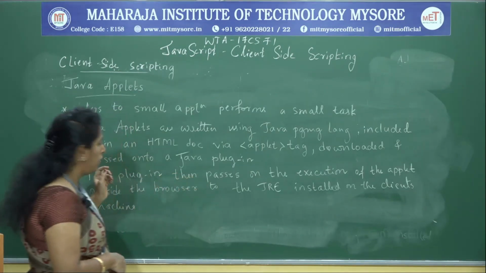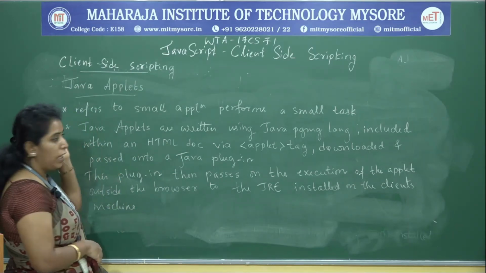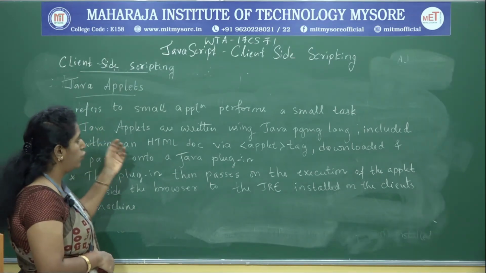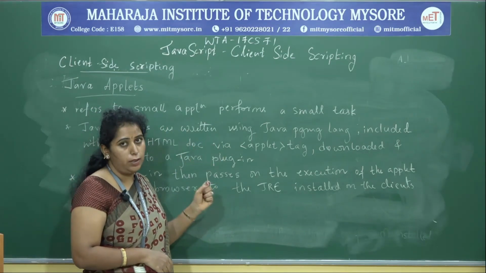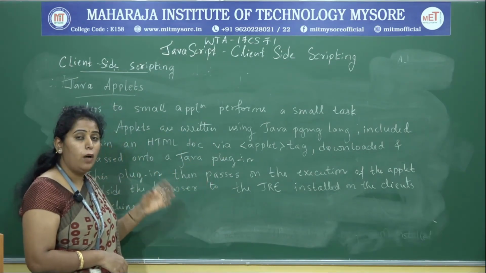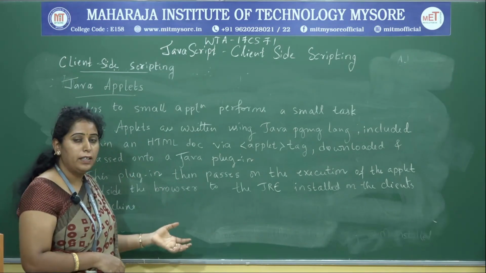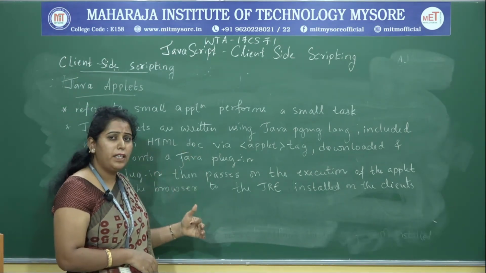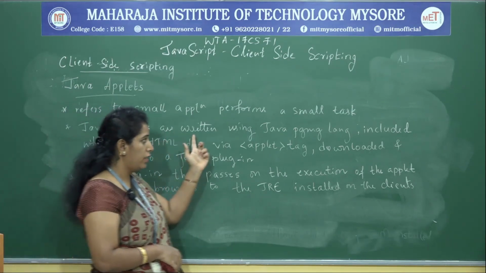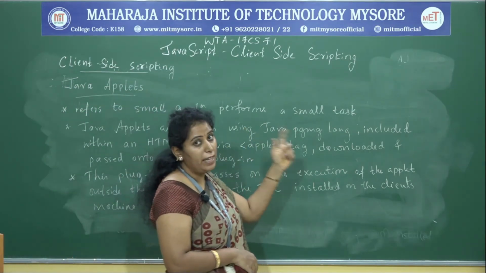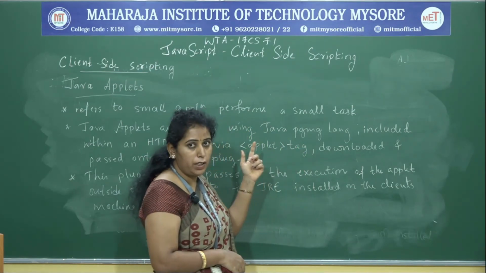Next is about Java applets. A Java applet refers to a small application which performs a small task. Next, how is this Java applet embedded into an HTML document? Java applets are written using the Java programming language. You have to be clear with this.